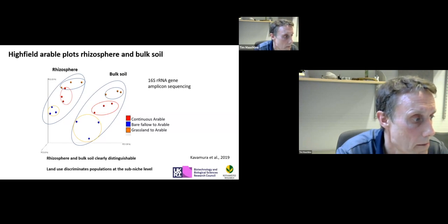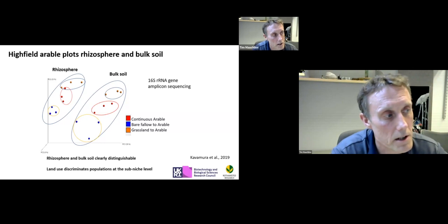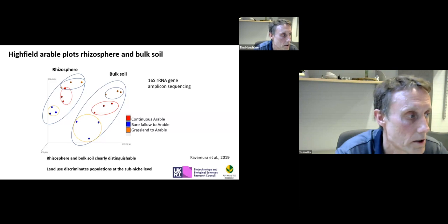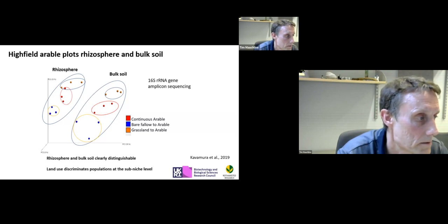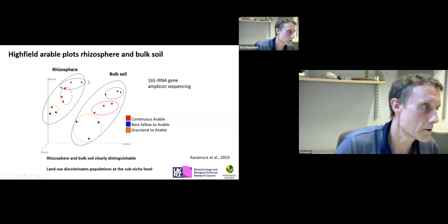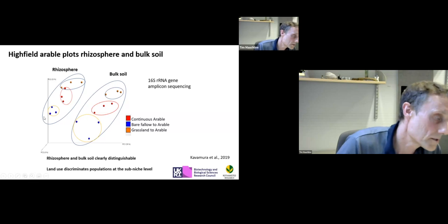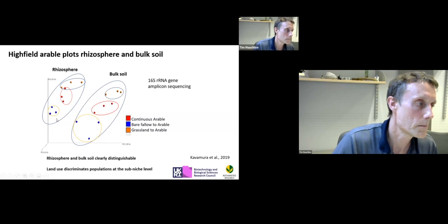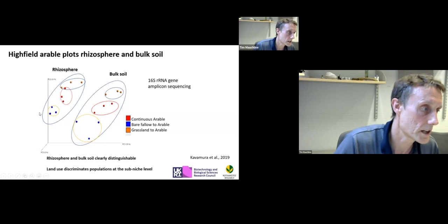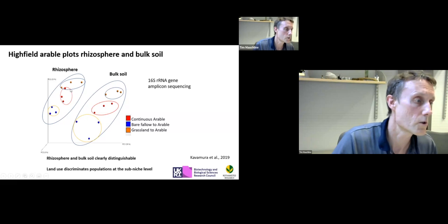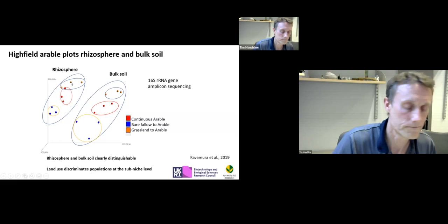But there was also a sub-niche level discrimination, which was based on land use. If we look at the rhizosphere, there's the main separation between the rhizosphere and the bulk soil, but then within the rhizosphere plots themselves, we can see separations according to the land use treatment.